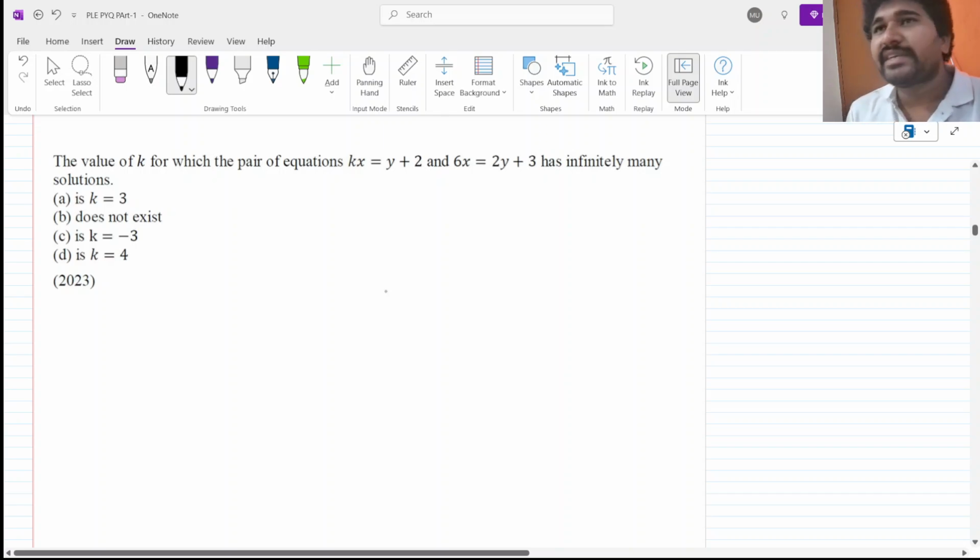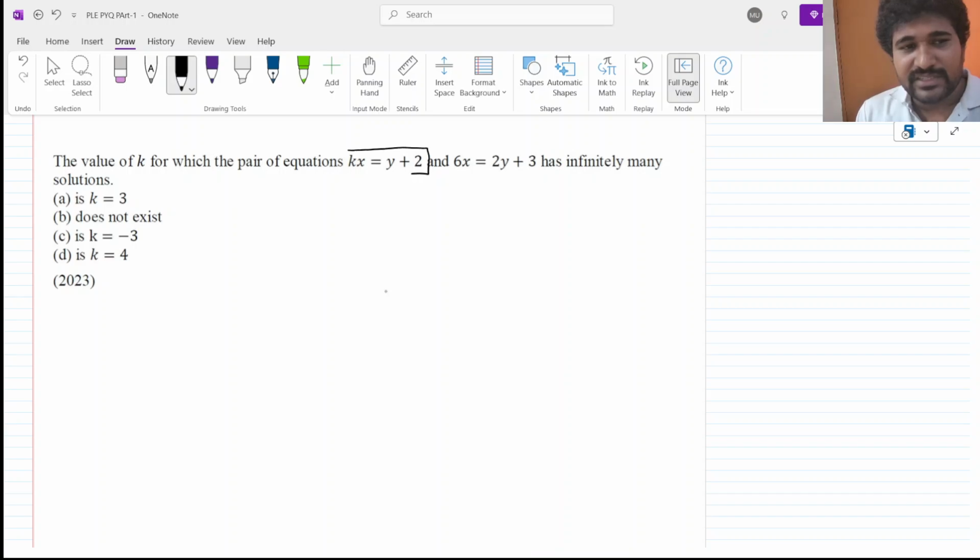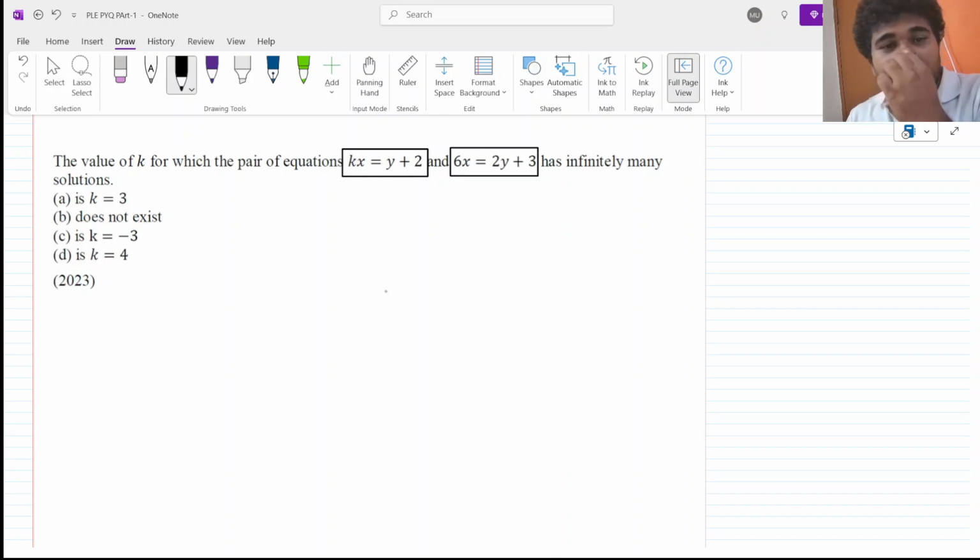Observe. He said one thing here. This set of equations, this equation and this equation, have infinitely many solutions. What do you mean by infinitely many solutions?